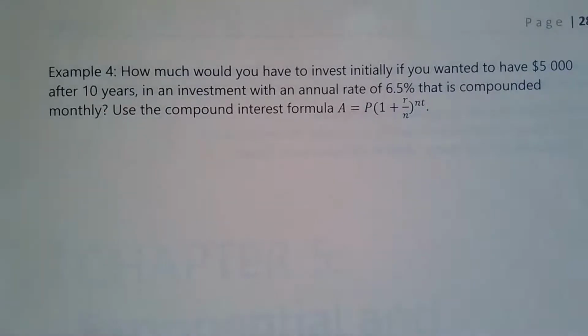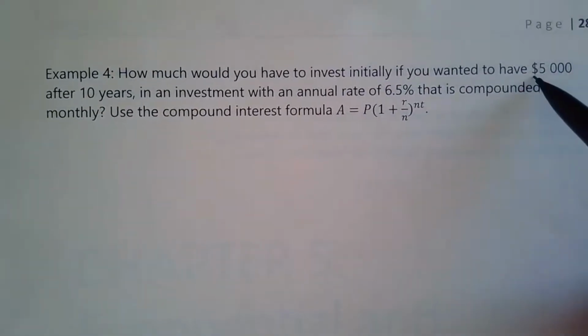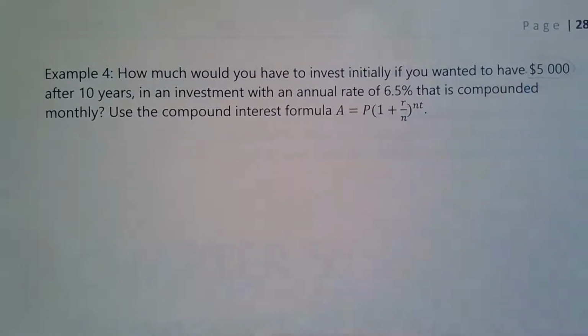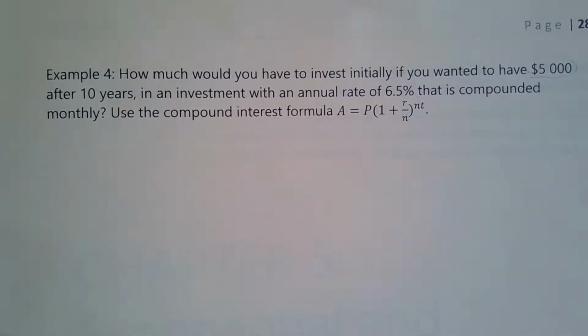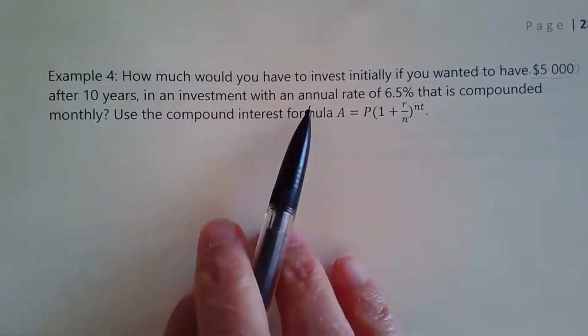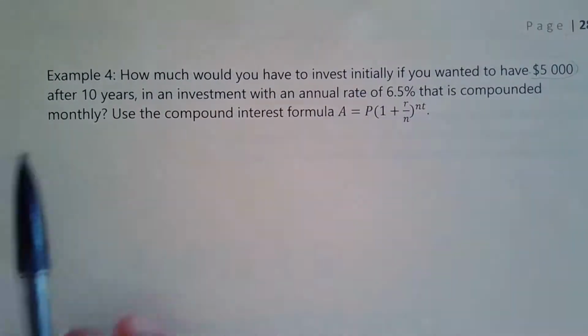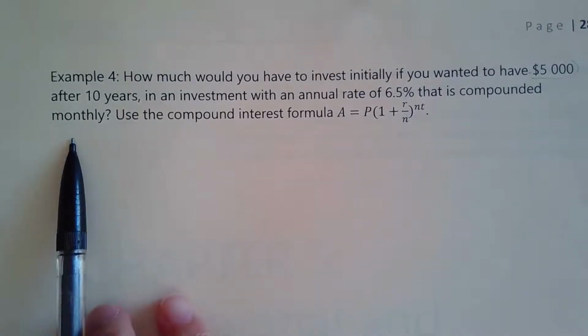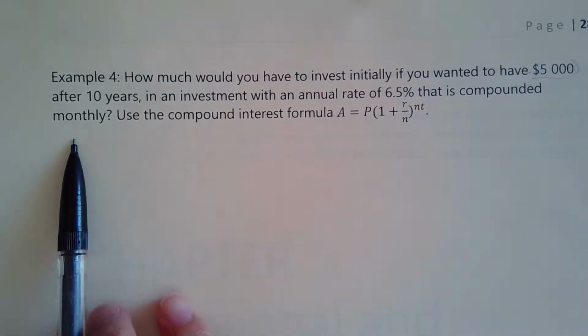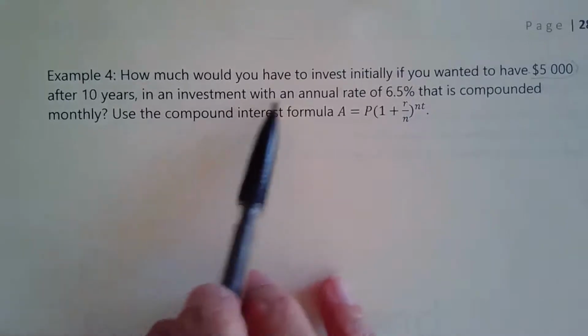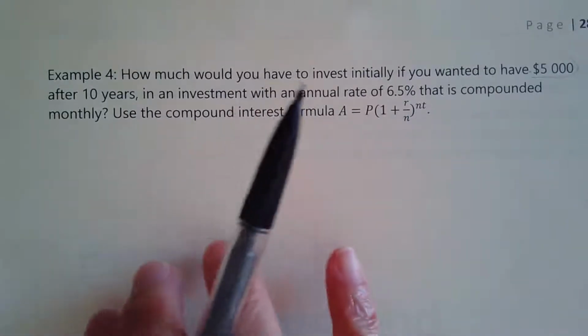Example 4, how much would you have to invest if you wanted to have 5,000 after 10 years, if an investment has an annual interest rate of 6.5% that is compounded monthly? Use the compound interest formula in this particular case.